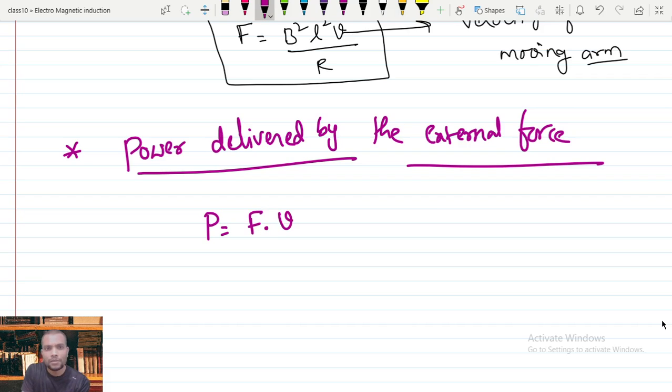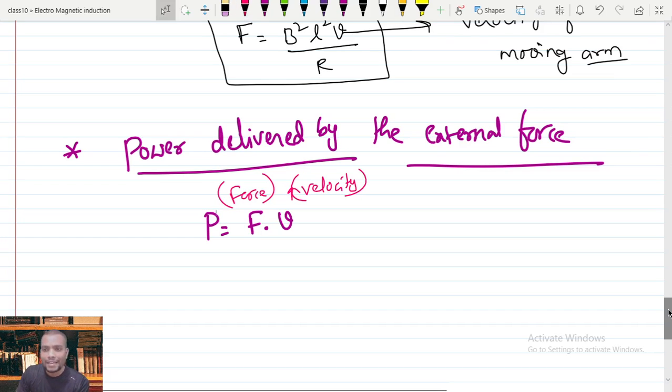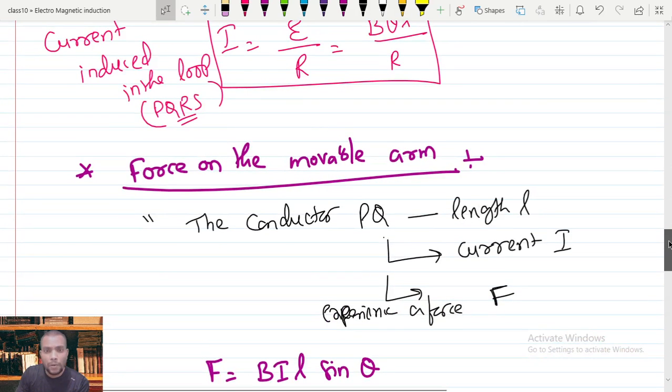Here F is force and V is velocity. The external force should apply power on it.